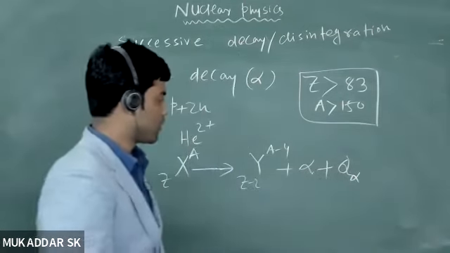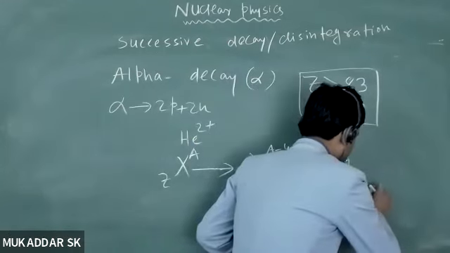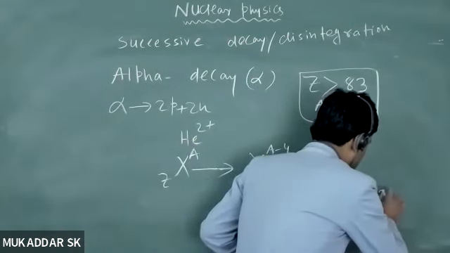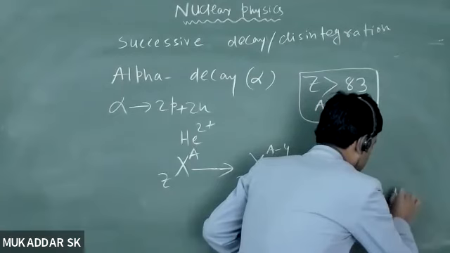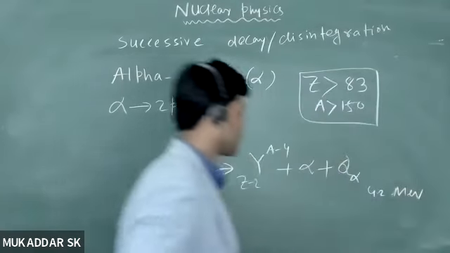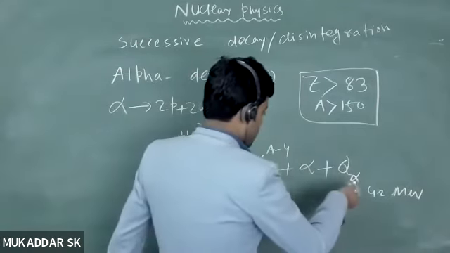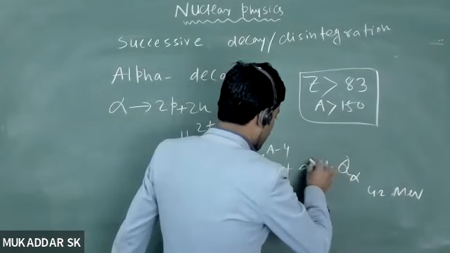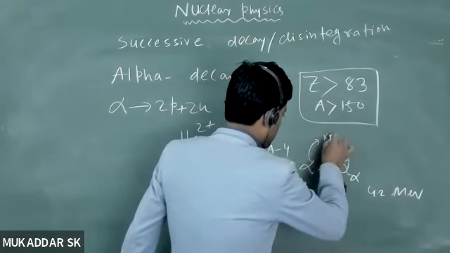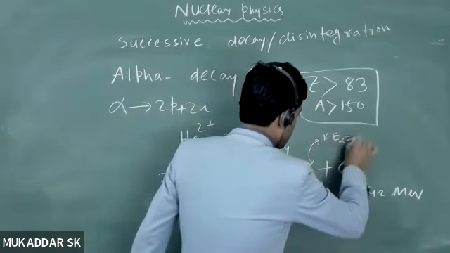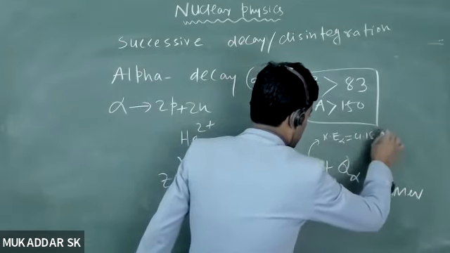Okay? Suppose 4.2 MeV of energy is emitted, suppose Q alpha is 4.2 MeV. Among this total energy, the kinetic energy of the alpha particle will contribute 4.18 and so on.